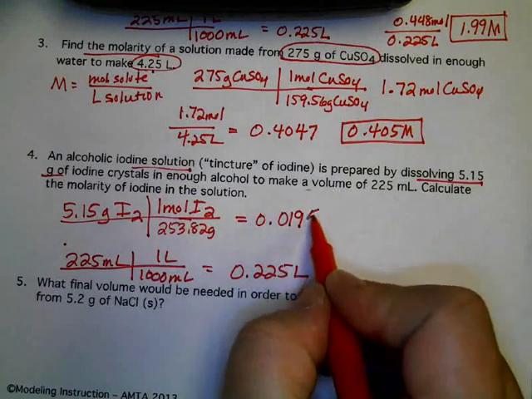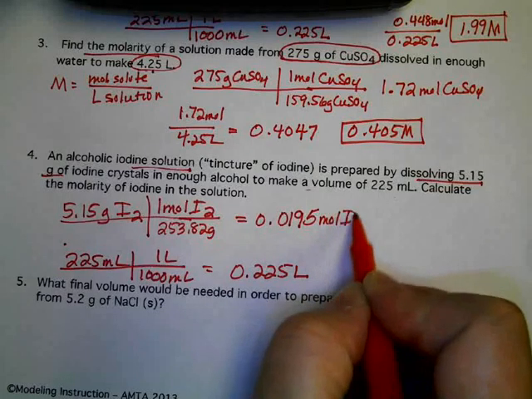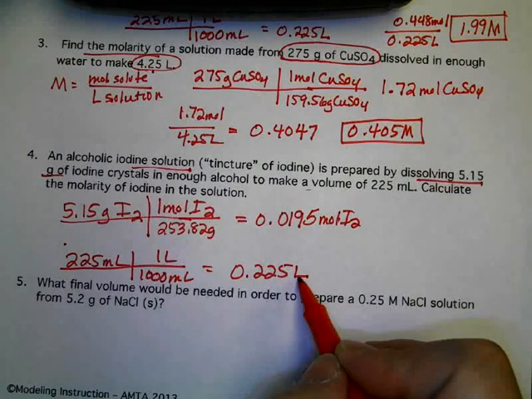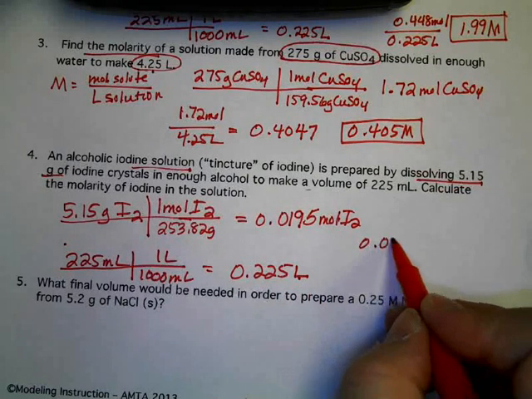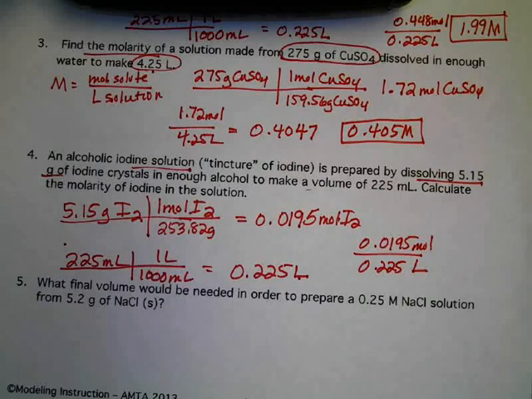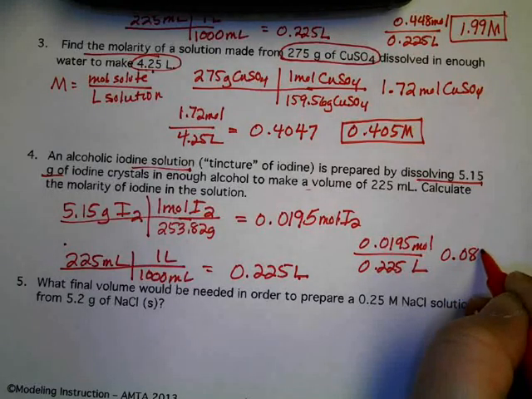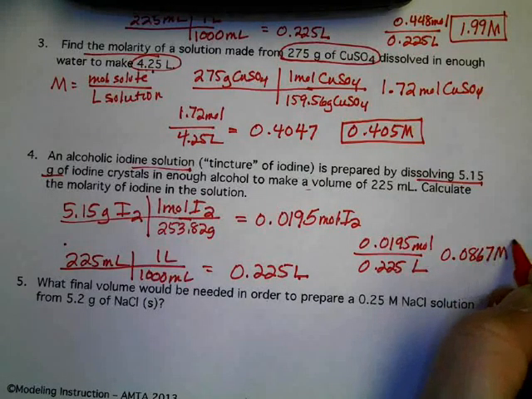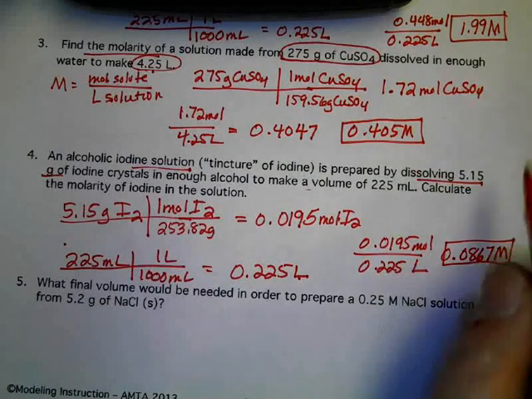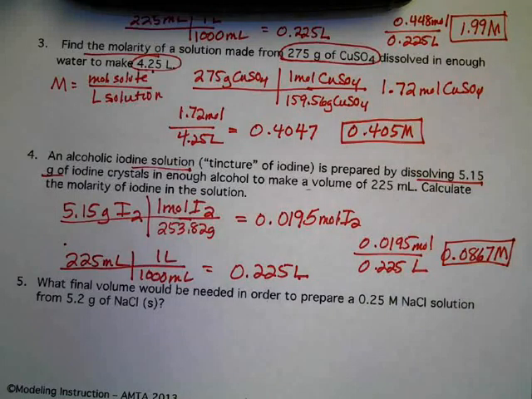So I'm going to take my moles divided by my liters, 0.0195 divided by 0.225, and that gives me 0.0867 molarity. You can see every time I'm pretty much doing similar things.